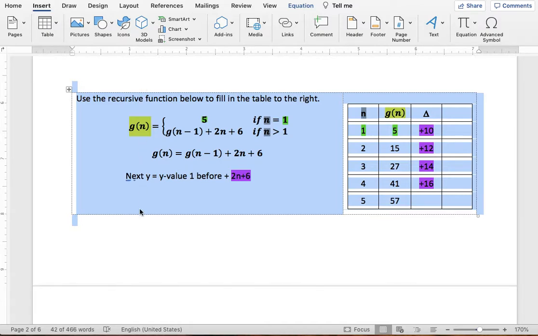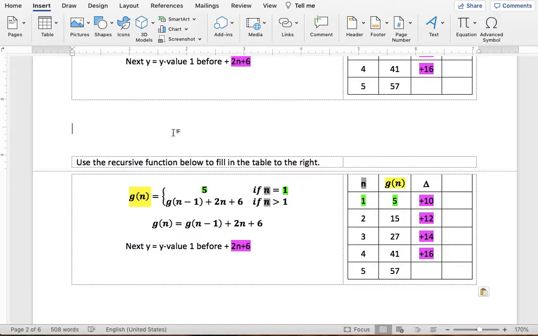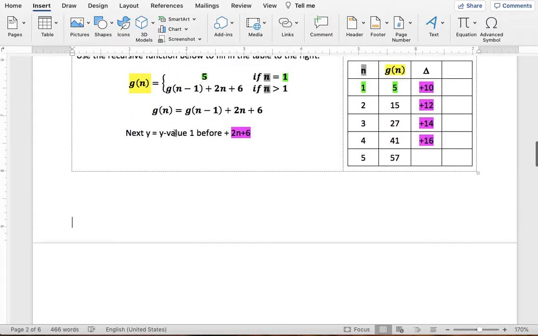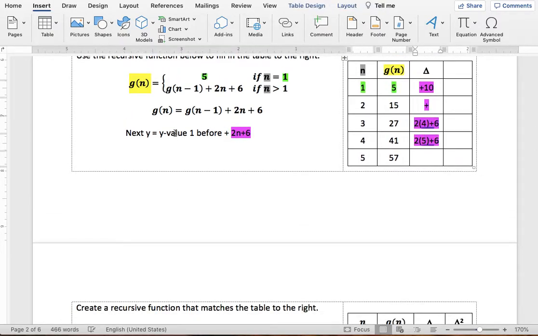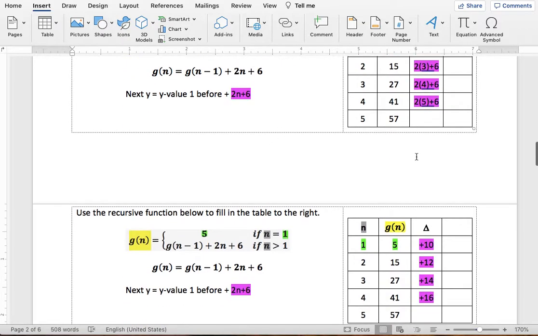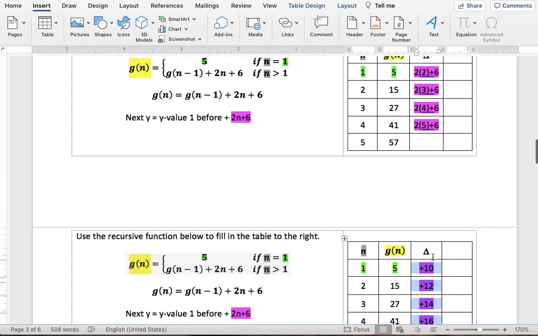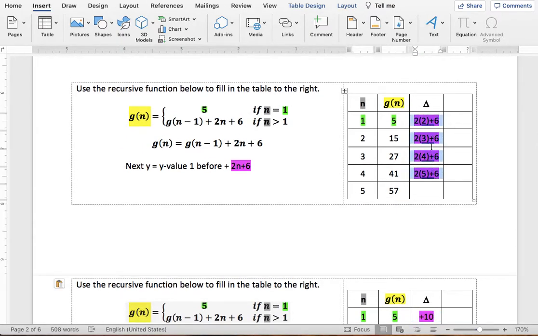Okay, I'm going to copy this one again because I want a record of that. All right, I just copied it twice, one after I changed it to 10, 12, 14, 16, and this is before I changed it.